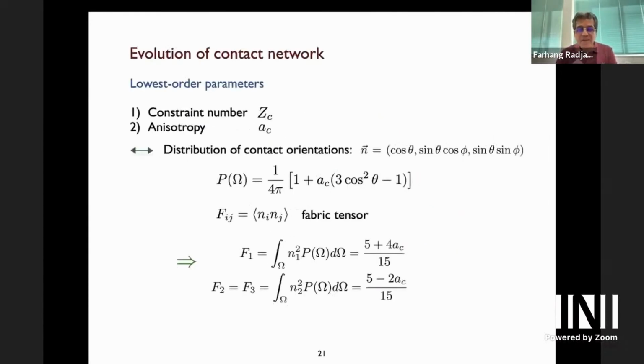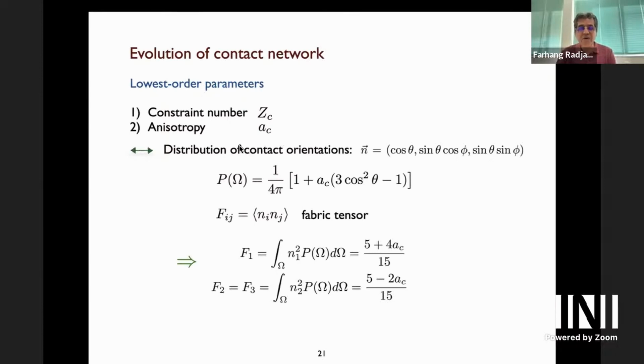So let's now look at the evolution of the contact network, because what we are interested in is relating these elastic moduli to the contact network. The lowest order parameters are the constraint number, ZC, which we discussed previously, and the anisotropy, because in triaxial loading we are inducing a strong anisotropy into the packing.